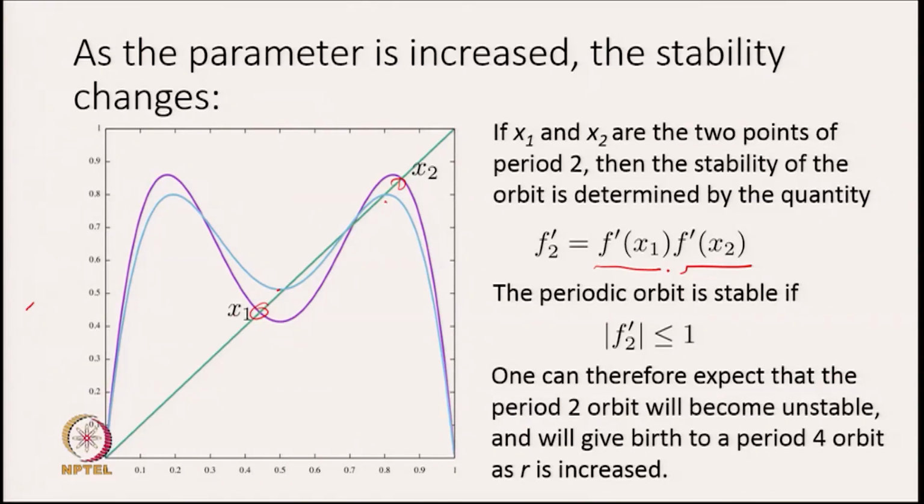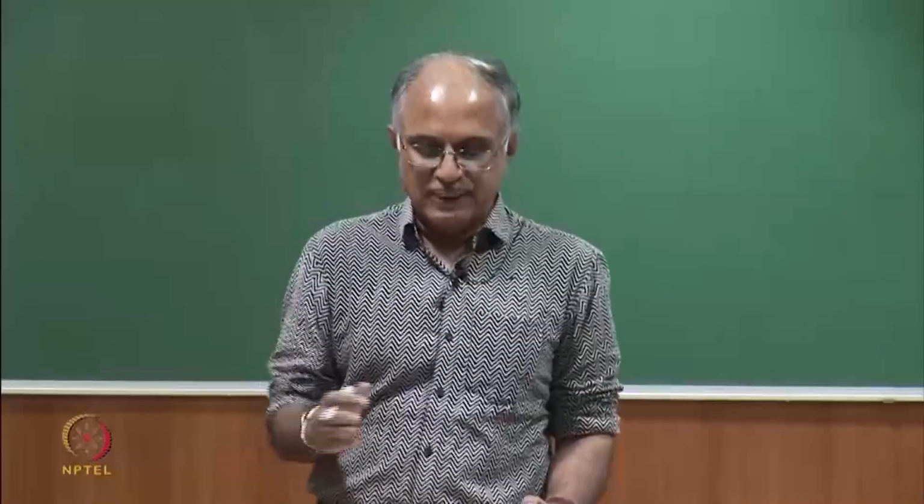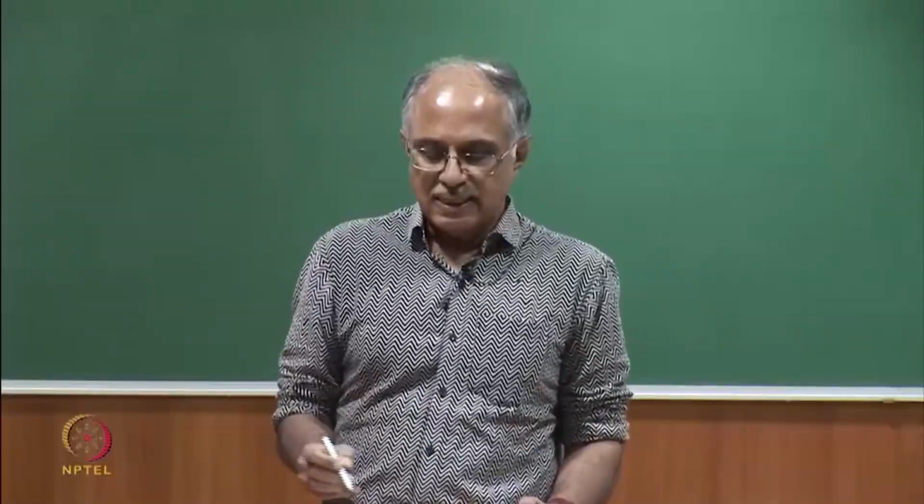first decreases to 0 and then it increases. Therefore one can expect that in the same way as period 1 bifurcated to a period 2 orbit, period 2 itself at some point will become unstable and give birth to a period 4 orbit as r is increased. This is really the heart of the period doubling route to infinitely long periods.